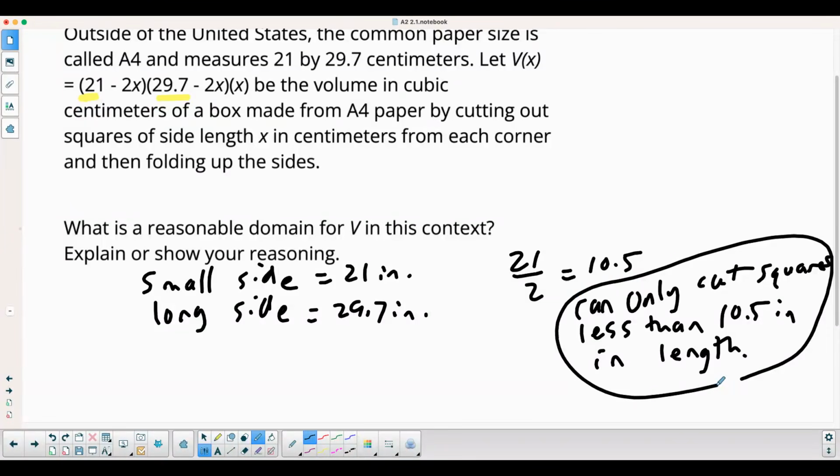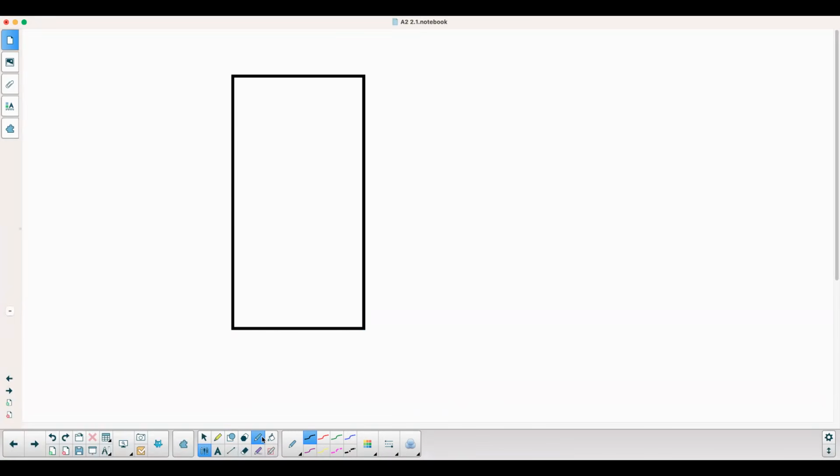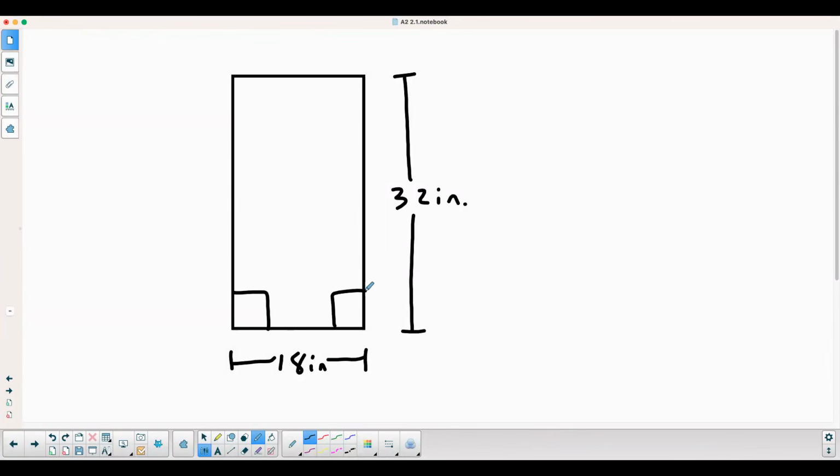All right. So, let's do one more thing just to make sure we got this. So if I give you my sheet of paper, it looks like this. I'm going to make up some random numbers here. Let's say this side is 32 inches. And let's say this side is 18 inches. So you cut out your boxes, x by x, x by x, x by x, x by x.